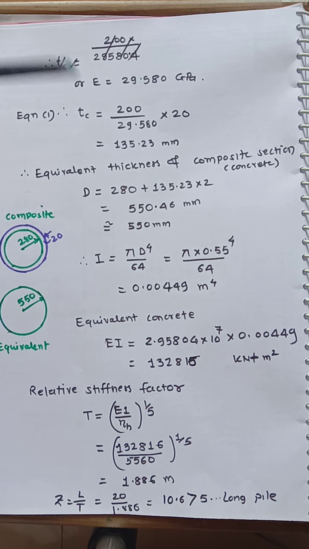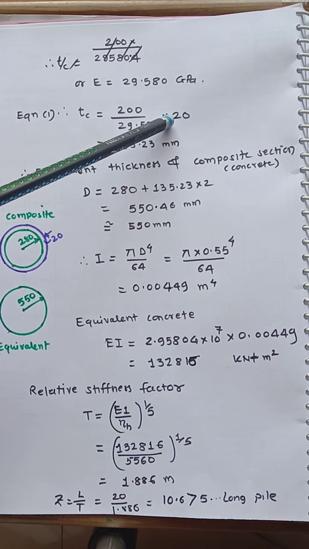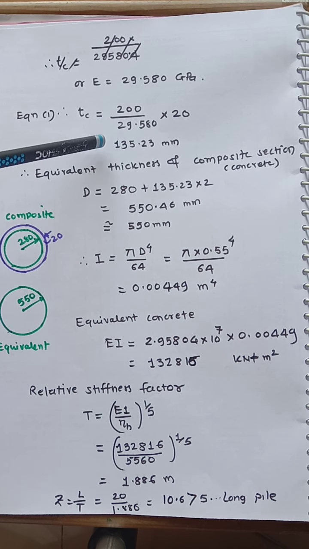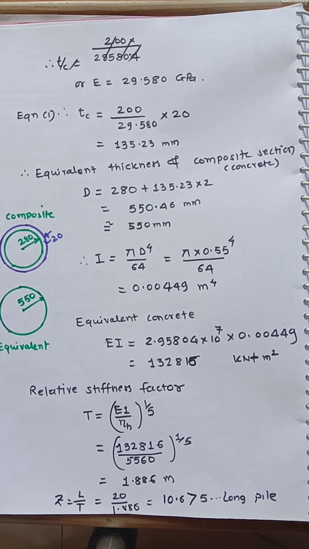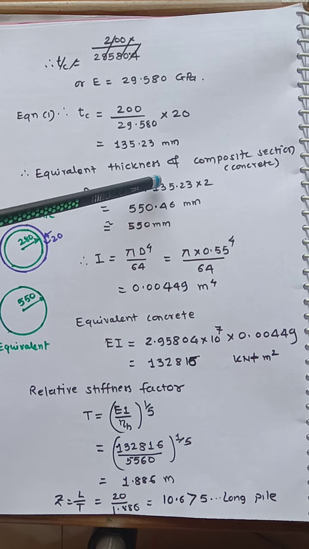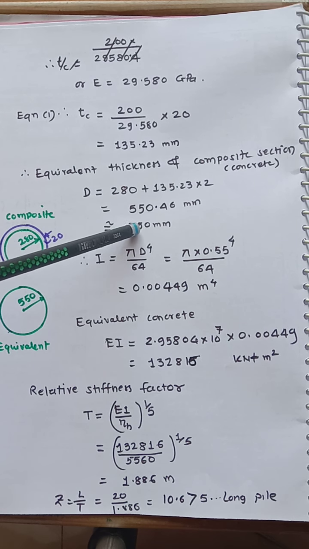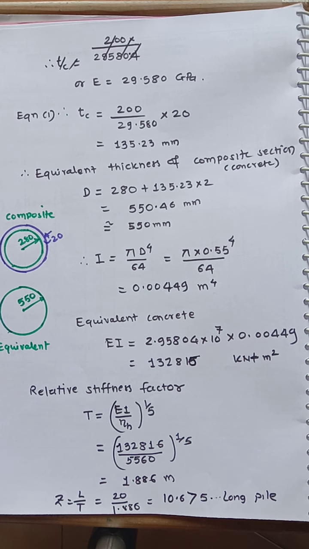So the steel thickness of 20 mm is replaced with an equivalent concrete thickness of 135 mm. The thickness is added on both sides. Internal diameter is 280, and the equivalent thickness instead of 20 is 135.23 into 2, so you get a total diameter rounded to 550 mm. This is how the section is converted into an equivalent single material in terms of concrete.